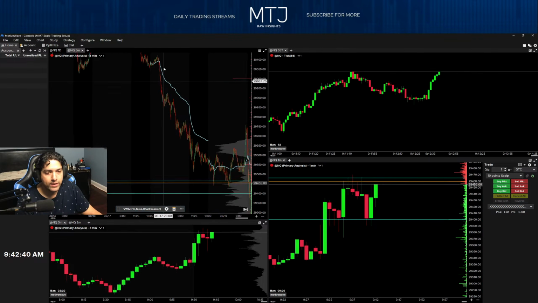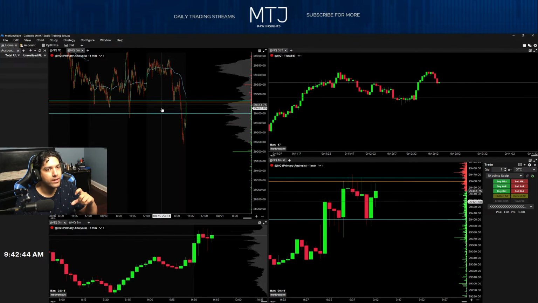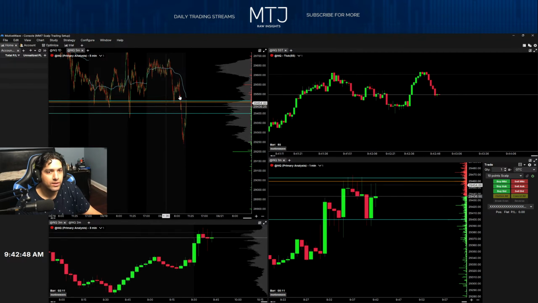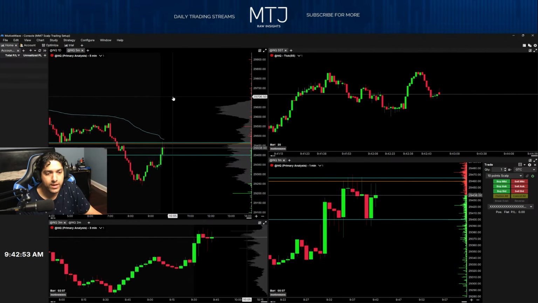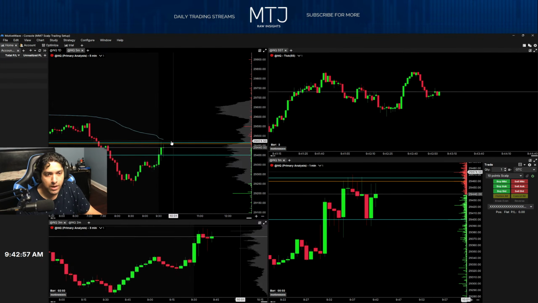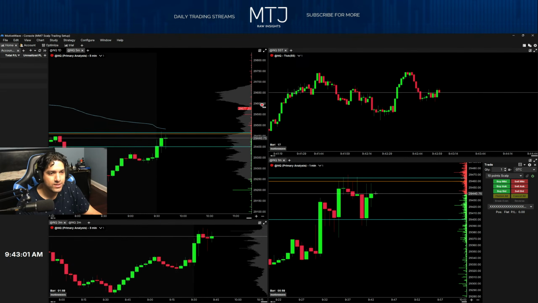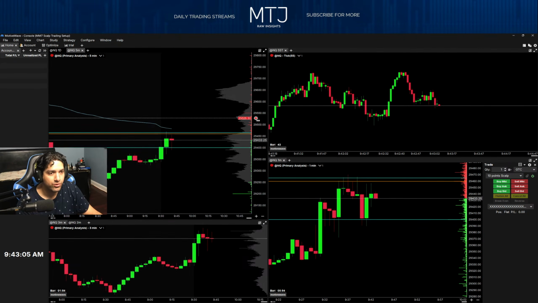And then we pulled back down, and we've not only recovered that entire move upwards to the downside, we are now also pushing past that trend, right? And so I think the recovery is a little bit due here, at least 50% of the way back up to what we had before. And then we can possibly continue crashing, right? But just based off of price action itself, it seems like we should be taking a push upwards today.